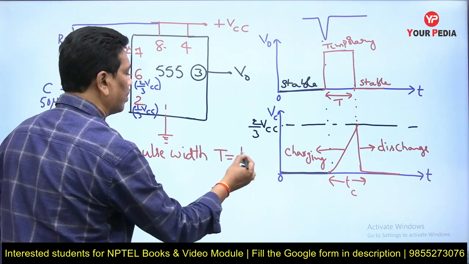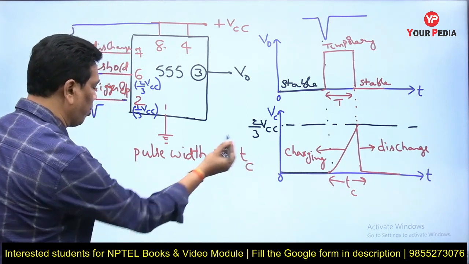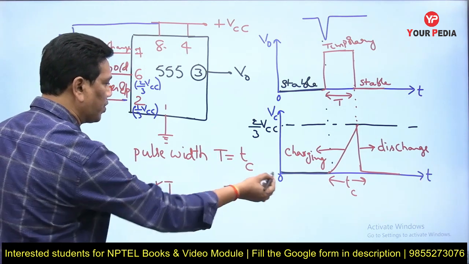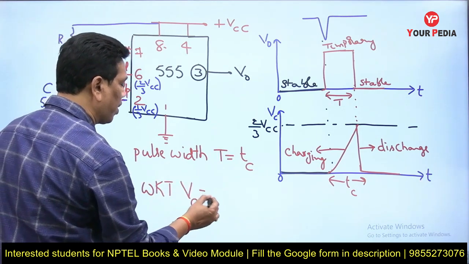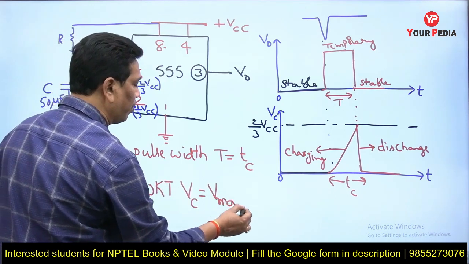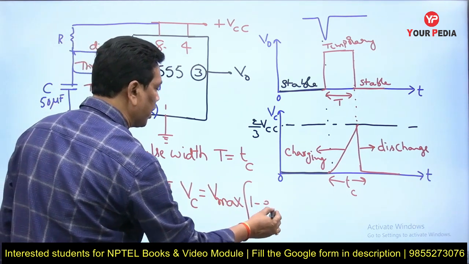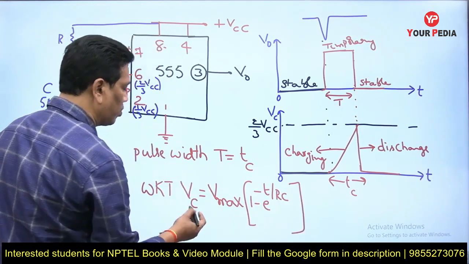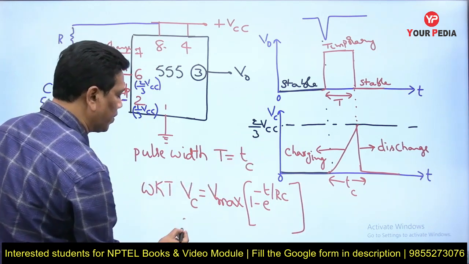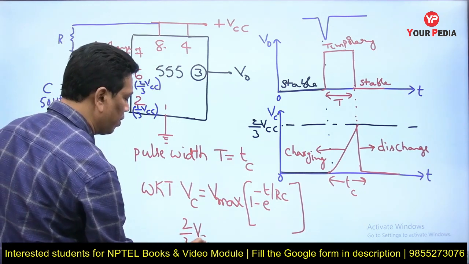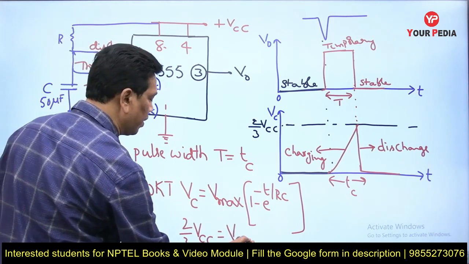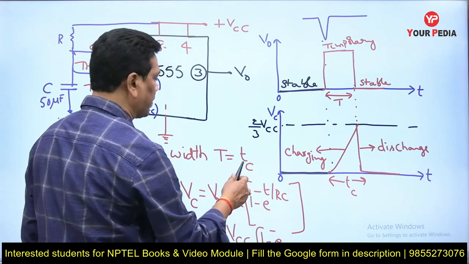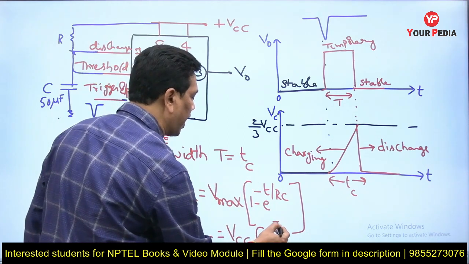From the CR circuit, you know how to calculate TC. We know the formula with the initial voltage of the capacitor 0: VC equals Vmax into 1 minus e power minus T by RC. VC equals 2/3 VCC, and Vmax equals VCC. T equals TC, the charging time, which equals the pulse width.